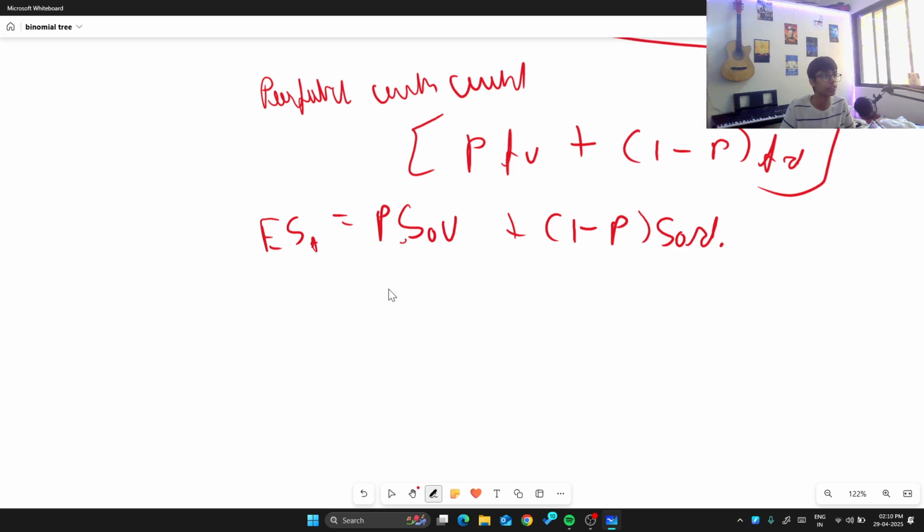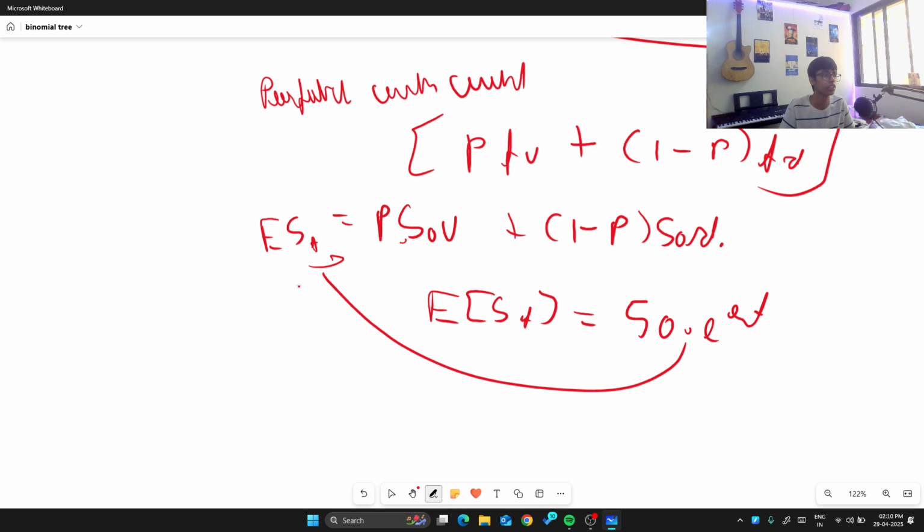And from this formula we can find the probability formula. Because the expectation of ST is equal to S0 e^RT, right? So we will substitute this here. S0 e^RT would be the value of the future portfolio.